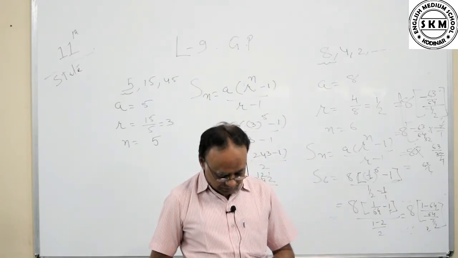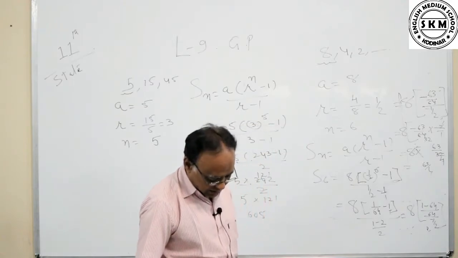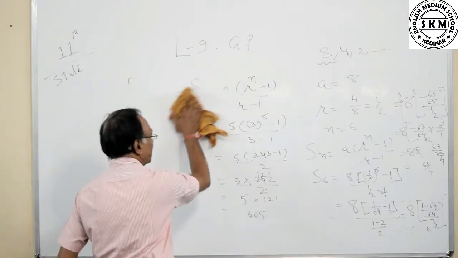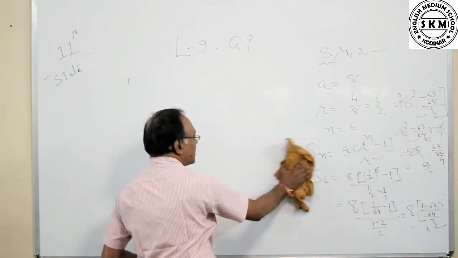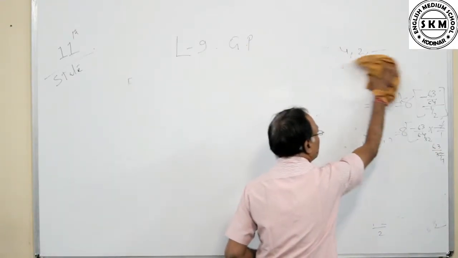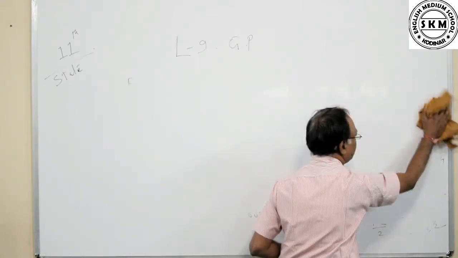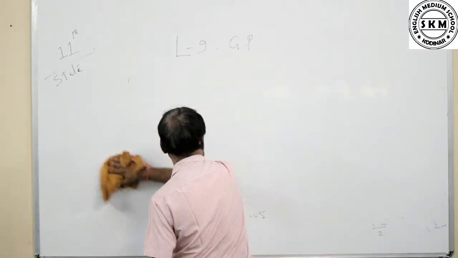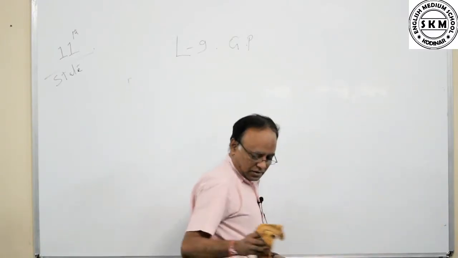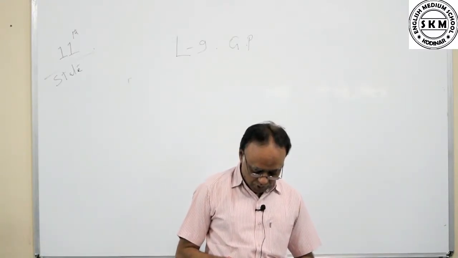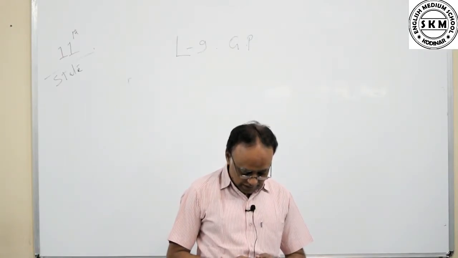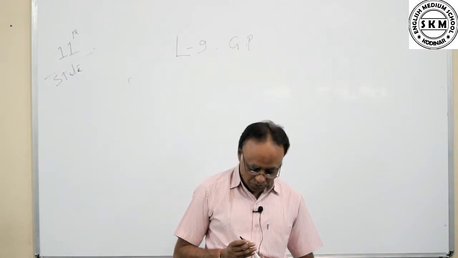Next example: find the sum of the first 4 terms of the GP. What is n in this example? It is 4. Find the sum of the first 4 terms of the GP whose first term is 3 and common ratio is 2.